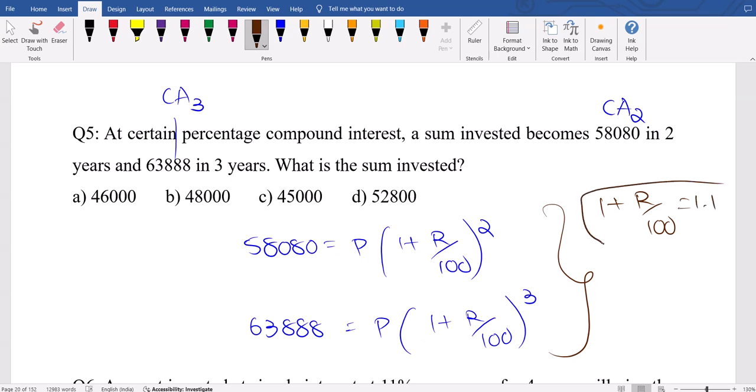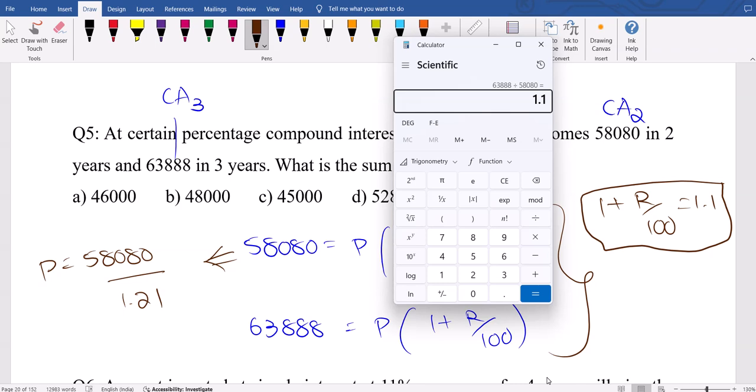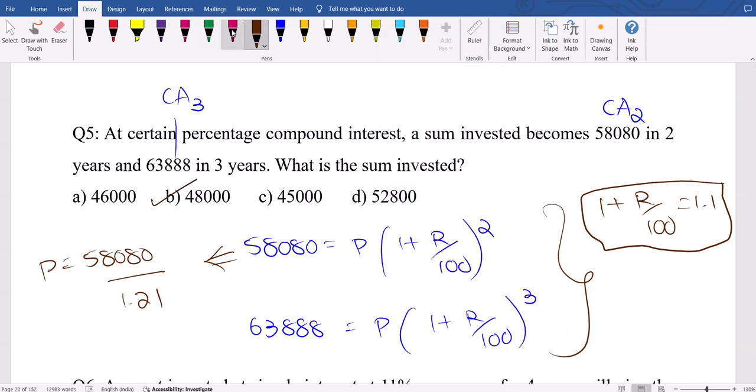R value is 10, but don't waste your time, 1.1. Now I want P value, right? P value means 58,080 divided by 1.1 whole square, which is 1.21. 58,080 divided by 1.21, 48,000 is your answer.